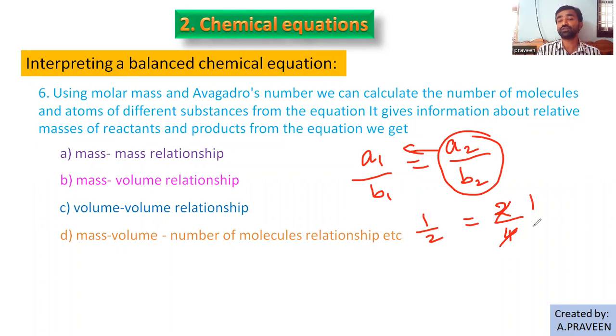If you change them, they will give you the same. That is the law of constant proportion. Don't worry, I will give you clarity in the problems. No need to worry. I will give you clarification in the numericals of chemical equations. Any confusion left here?